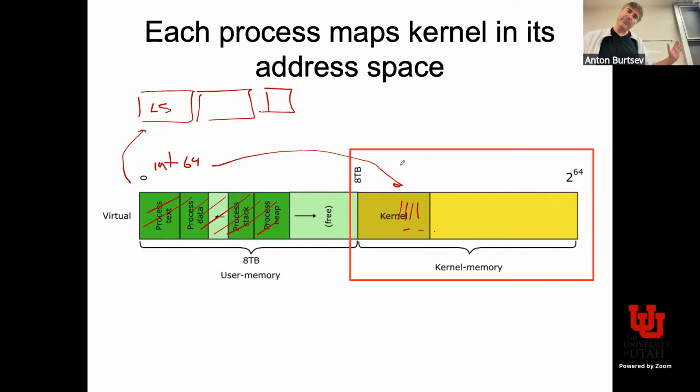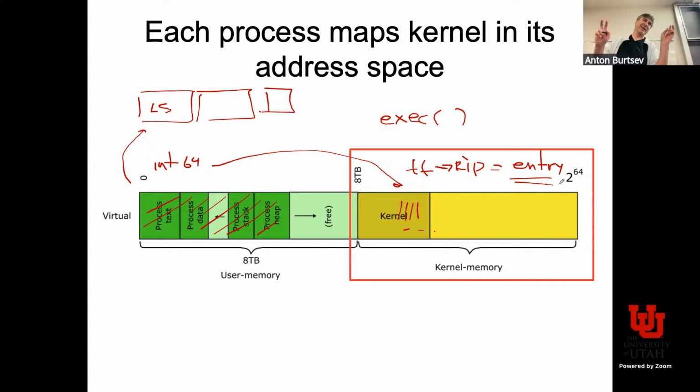Well, I agree, but we just discussed that when you do exec, instead of really returning, you will configure the trap frame and its RIP register to point to the entry function of this process, right? So it's not a real returning. But still, I argue that it's not a good idea to start changing this address space.